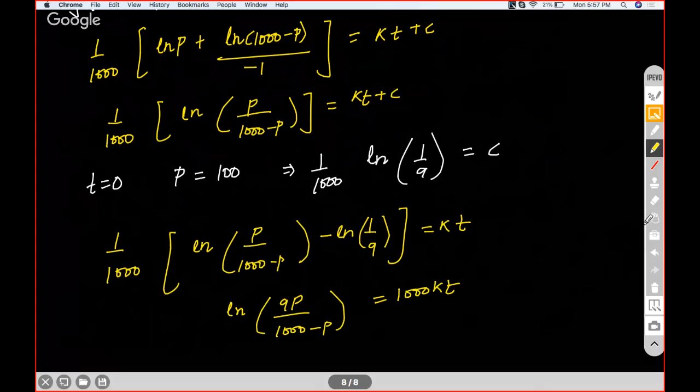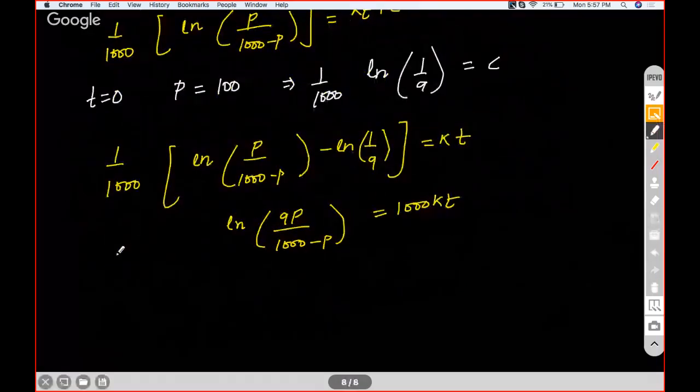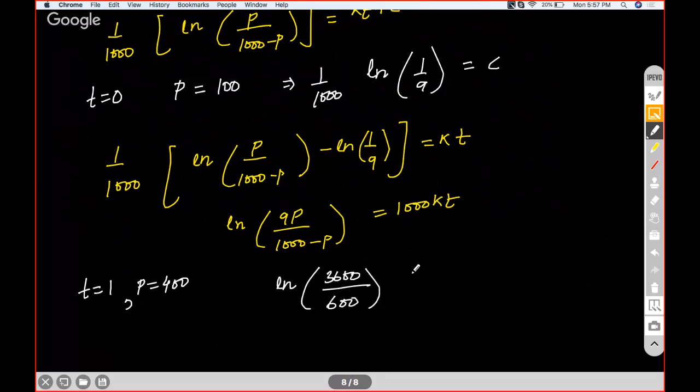Now what else is given to me? When t is 1, p is 400. So ln(3600/600) is going to be 1000k. So k is 1/1000 of ln 6.